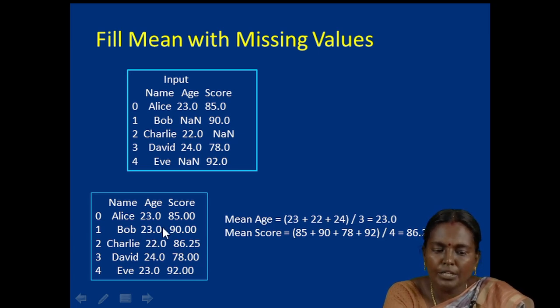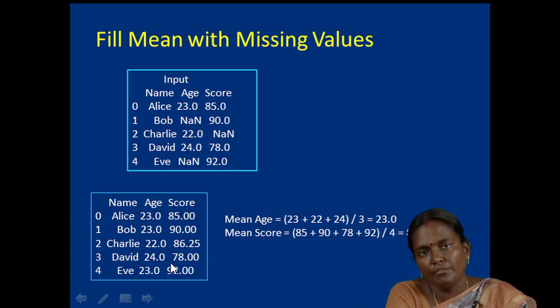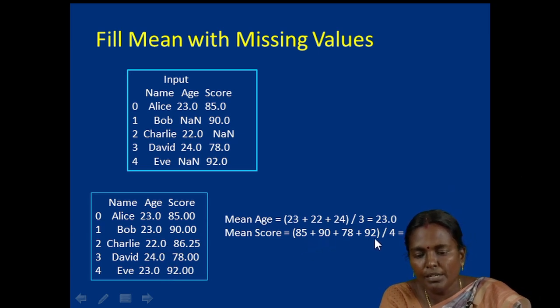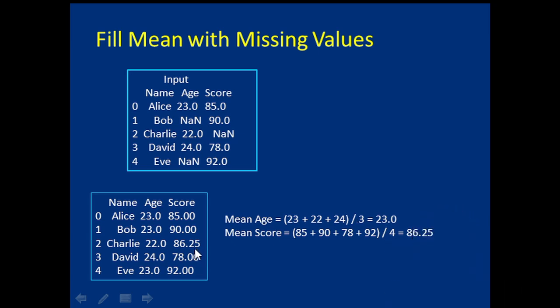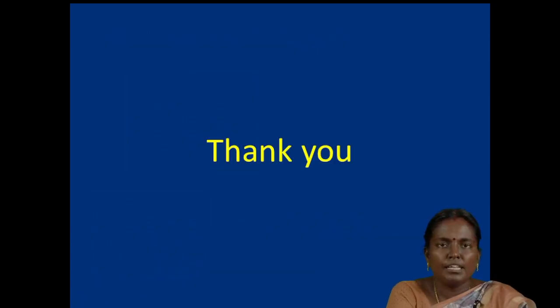Here Bob has the value 23 and Eve also has 23. For the mean score, again the mean value has been calculated. It is around 86.25 and it gets filled in for Charlie's score. This is how the mean works for filling the missing values.